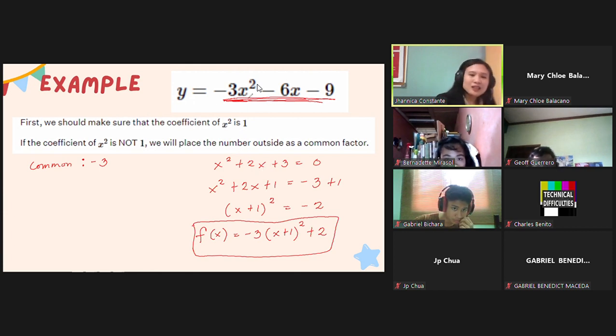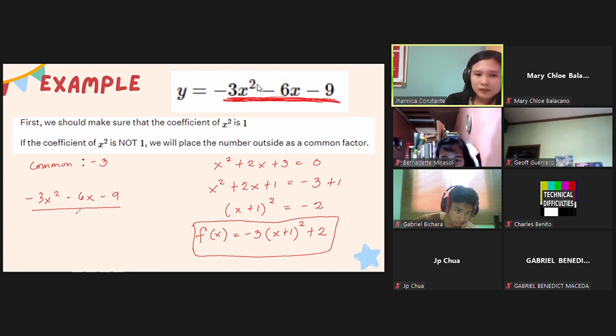We get it by dividing all of the terms by their common factor, which is -3. -3x squared divided by -3 is x squared.